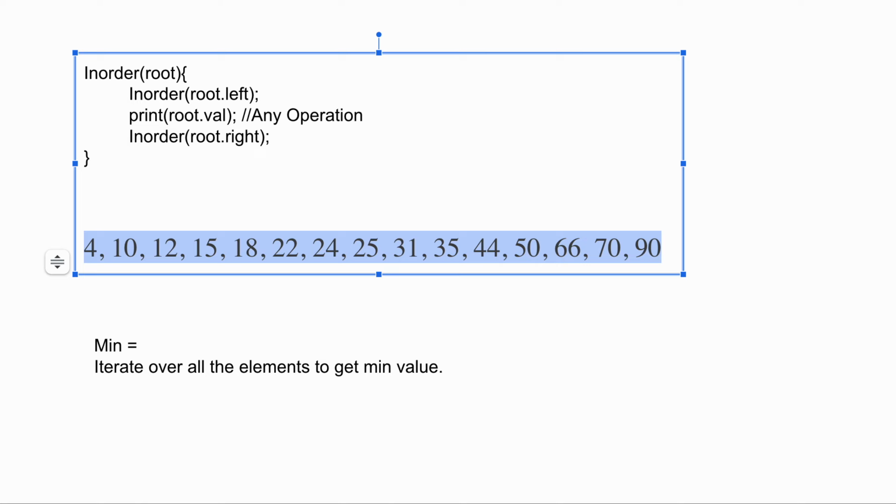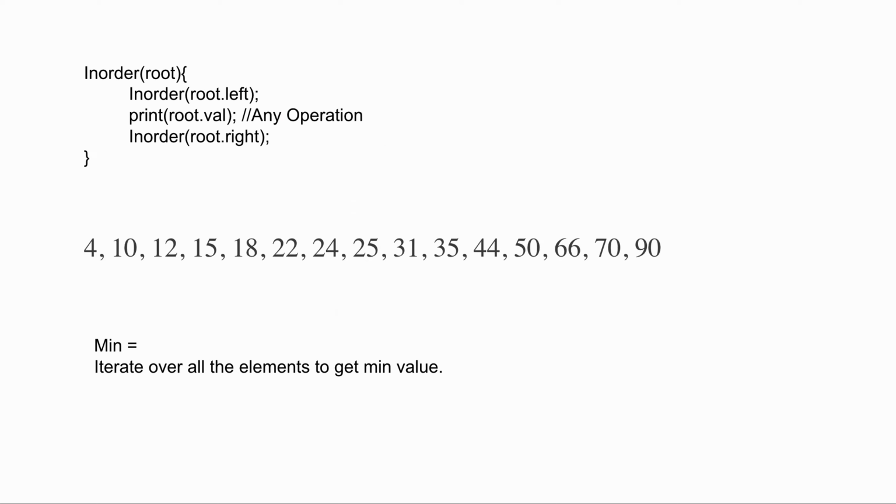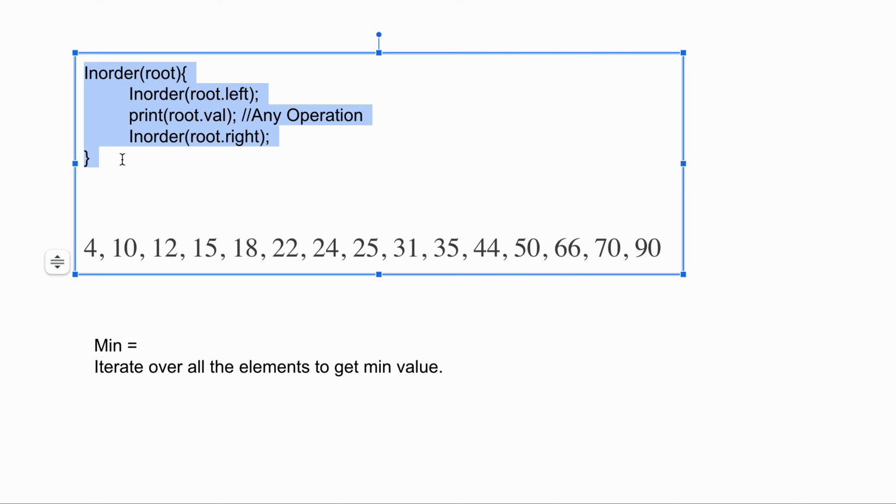Why will it be sorted in ascending order? Since it's a binary search tree, we are visiting all the left nodes first. The left node will be lesser than the parent node, so it will be in a sorted list. So this is the logic for in-order traversal. We are just calling the same function in order: we call the left child, then the right child, but in between we can print the value.